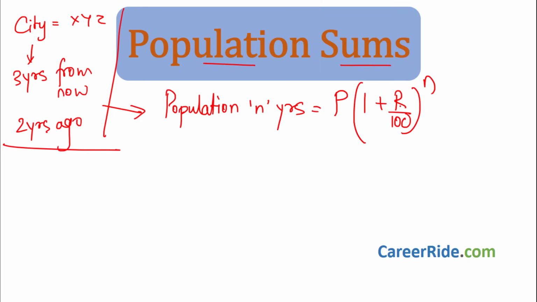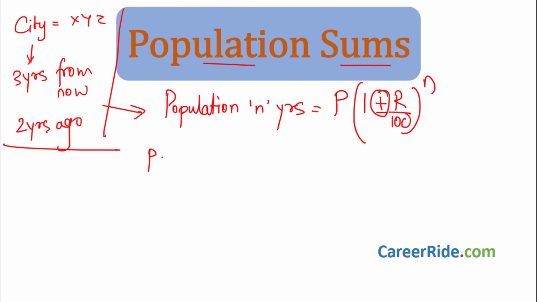R is nothing but the rate of increase of population. Now this is the formula for compound interest. There is a very slight change in the formula for compound interest and population while finding population. The change is that in compound interest we had a plus sign, in population we will have plus and minus sign, both. Why both?